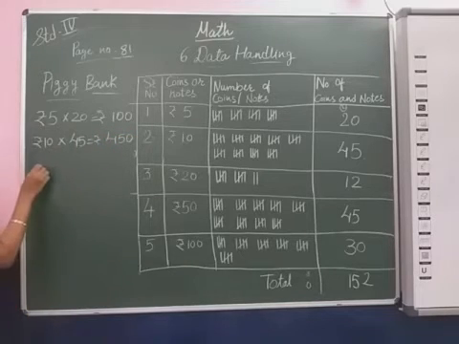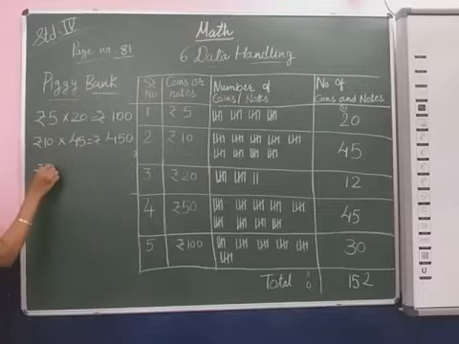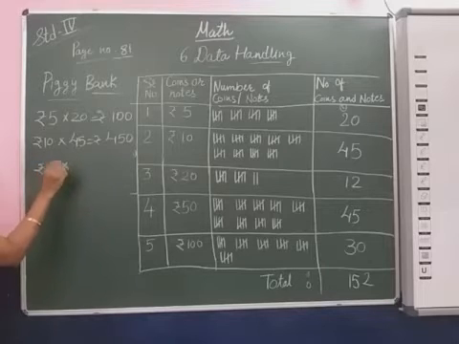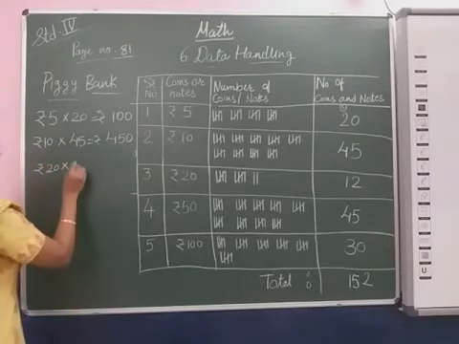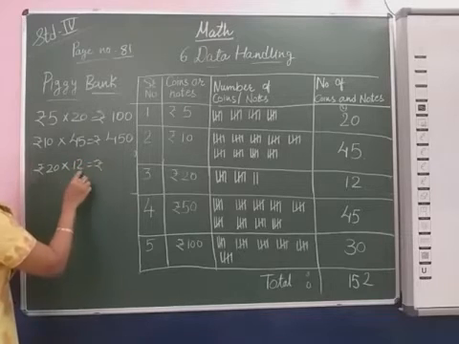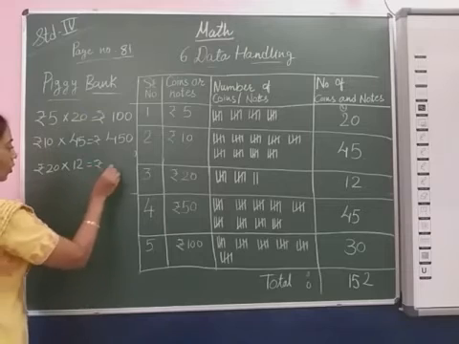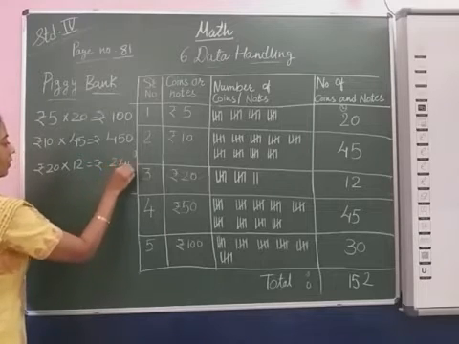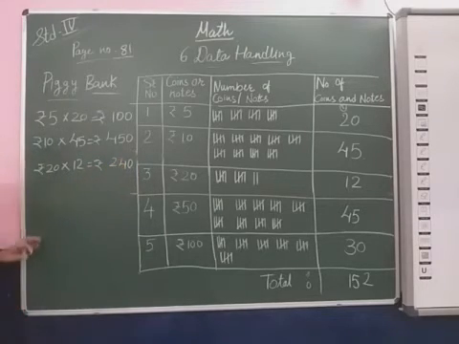Yes. Now rupees 20 note and the number of notes is 12. So 12 times 20, 240. We get that as the amount here.